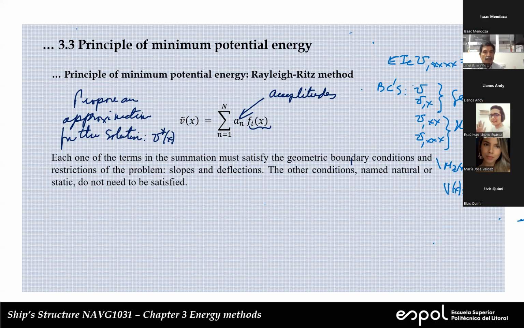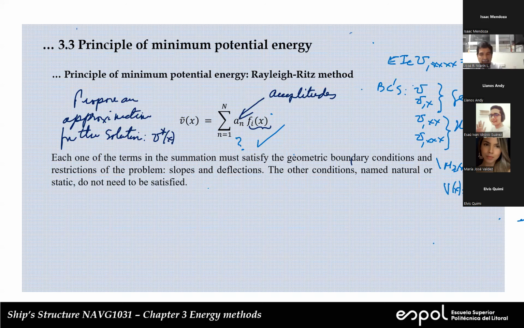In this expression that we have proposed, f sub i is something that we know completely. So what we have to determine is the value of a sub n. It's like having changing variables. Right now, the variables are a sub n.